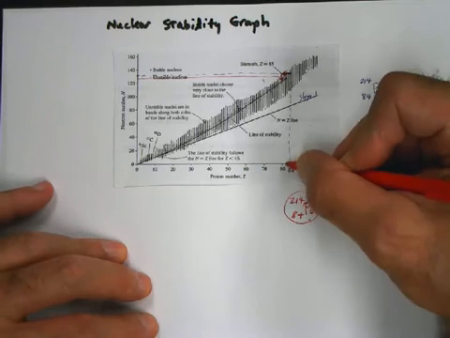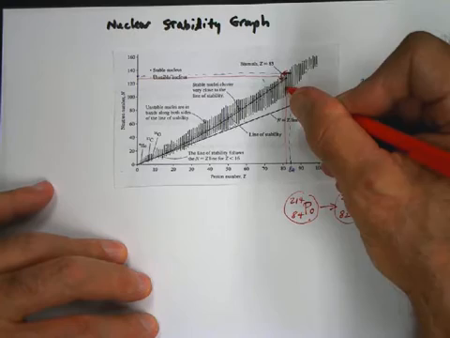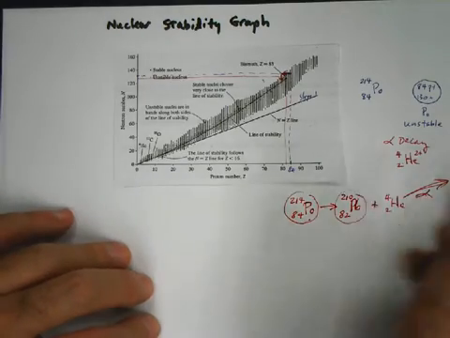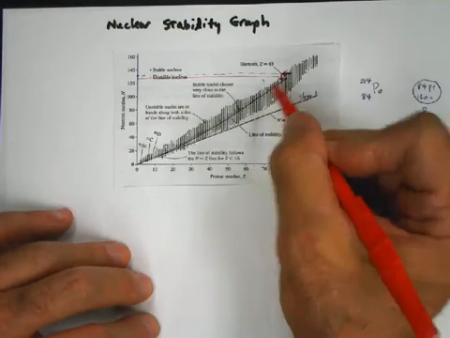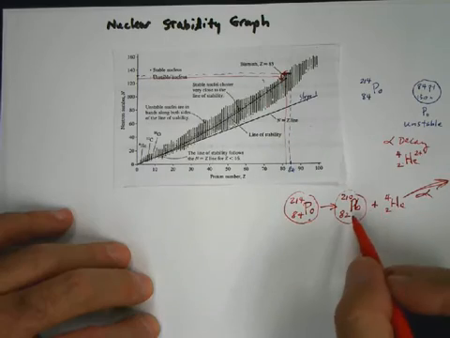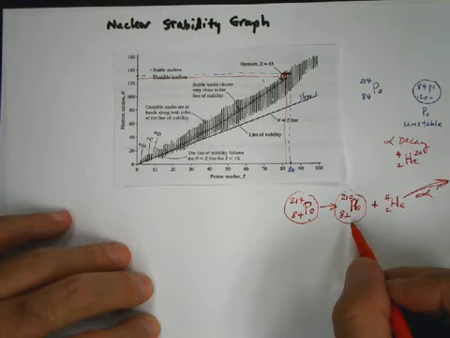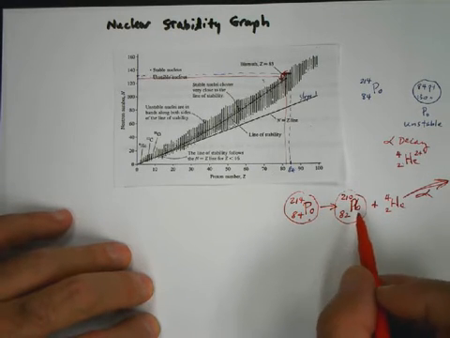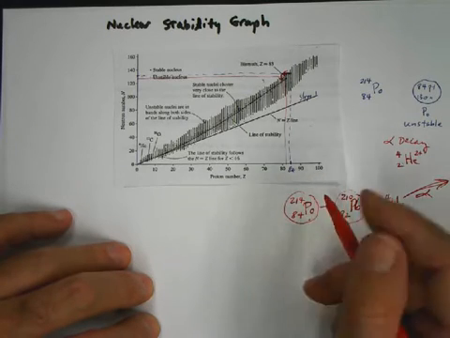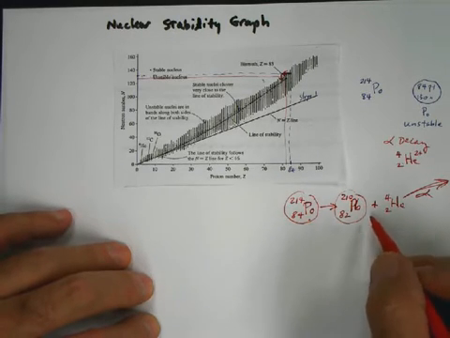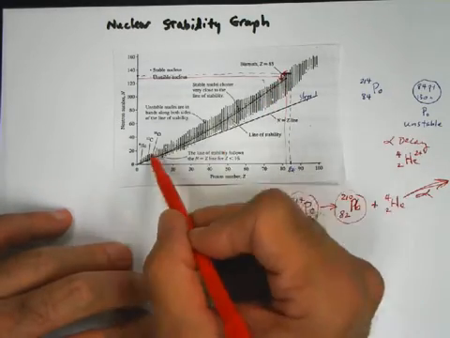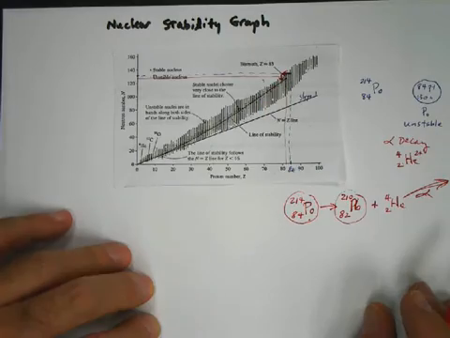That gets us closer, at least. It doesn't necessarily bring us right onto that bold stability curve, but it gets us closer. And so that's the idea. Eventually, if we have further nuclear decay, then the daughter nuclei would end up being along this band of stability here.